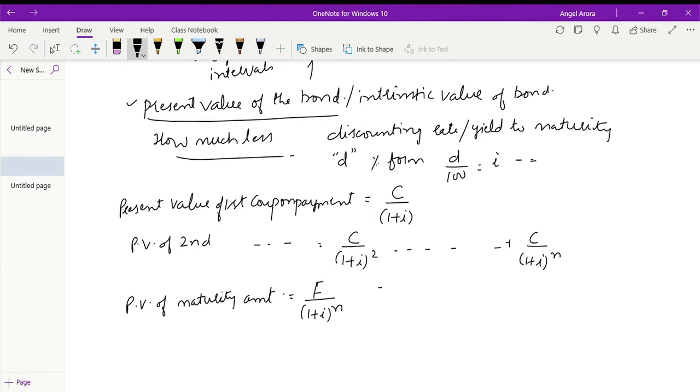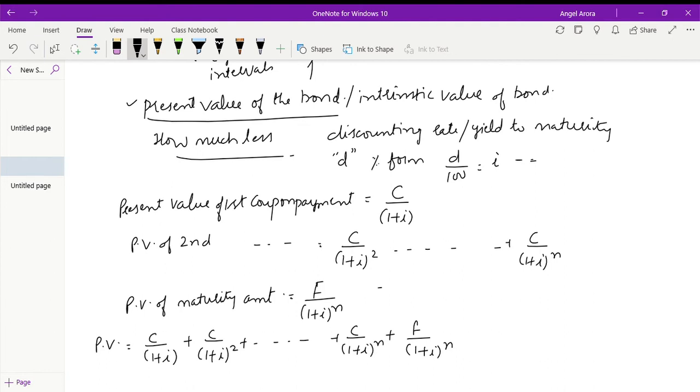So total present value of the bond will be the sum total of all these values: C upon 1 plus I, plus C upon (1 plus I) raised to 2, and so on, up to C upon (1 plus I) raised to n, plus F, face value that he will get at the maturity date of the bond, upon (1 plus I) raised to n.